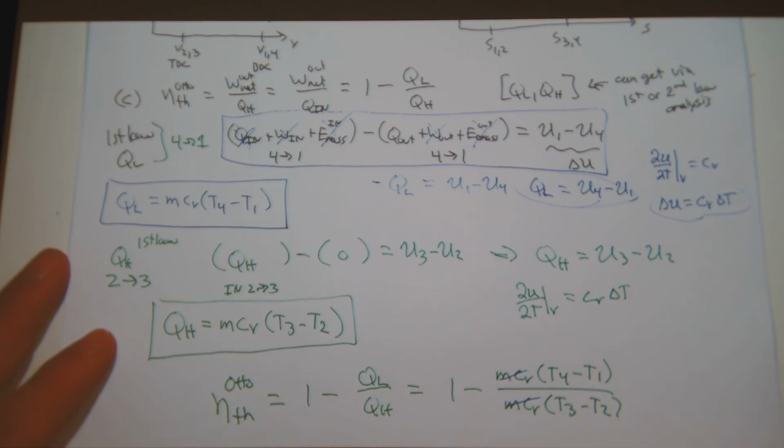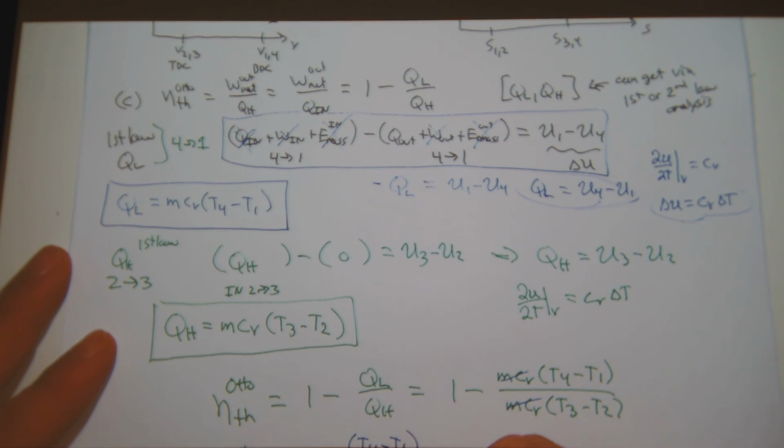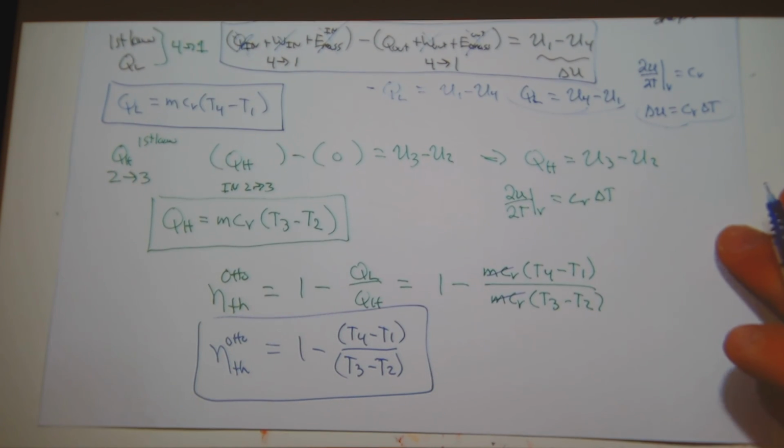These cancel out, which means that the thermal efficiency for my Otto cycle is 1 minus T4 minus T1 over T3 minus T2. Okay?